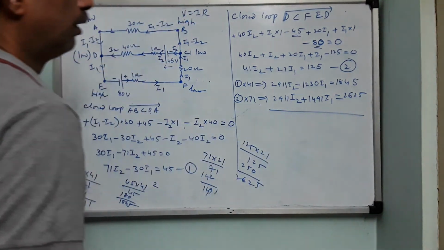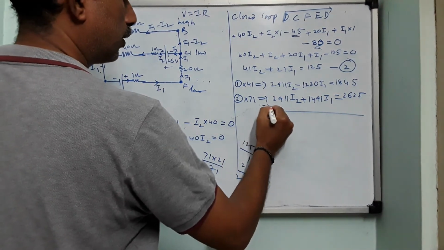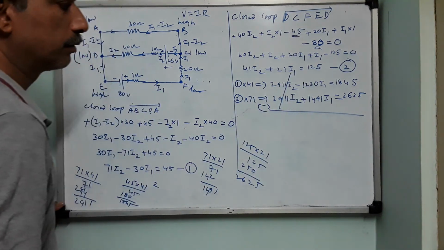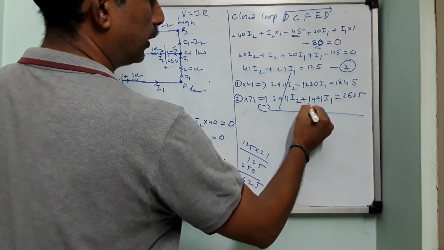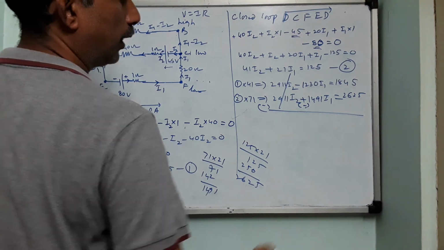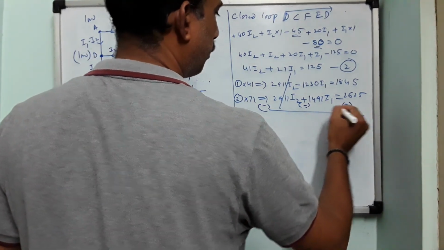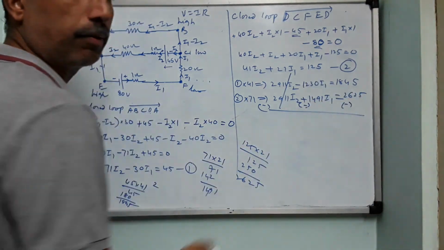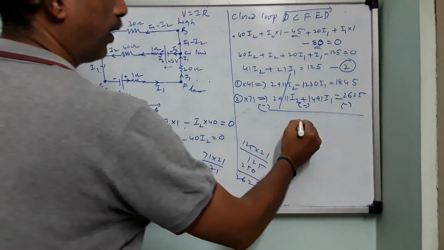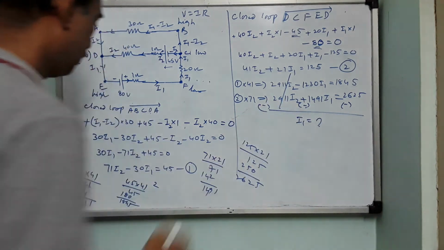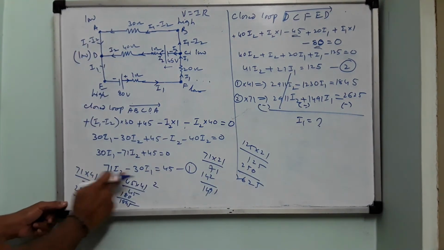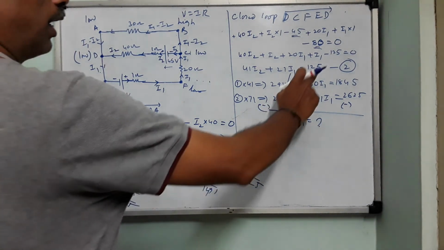Right. So subtract these equations. This will be cancelled, and this will be minus. So this also will be what? Minus, because you are subtracting. So you have now the I1 value. Once you get I1 value, you can substitute in any one of the equations, either in 1 or in 2.